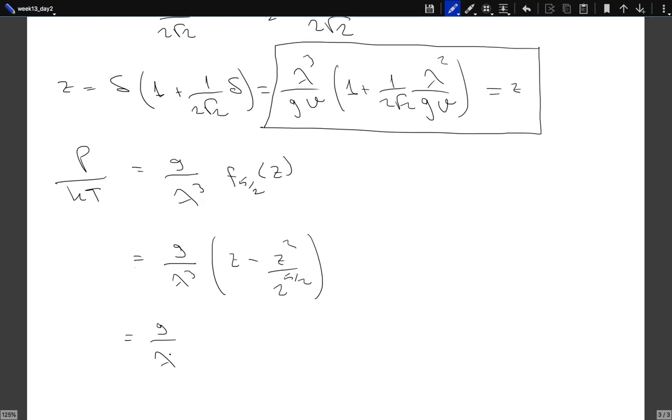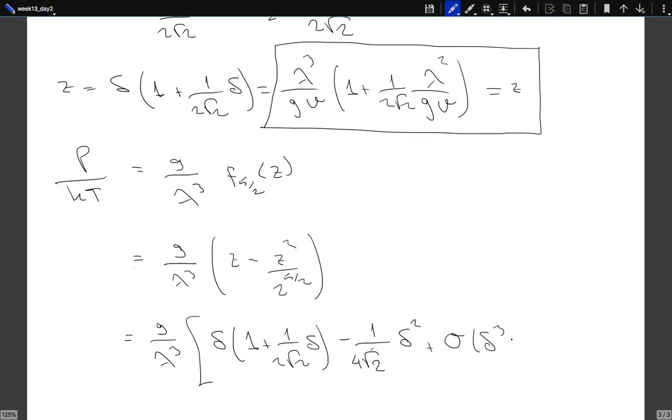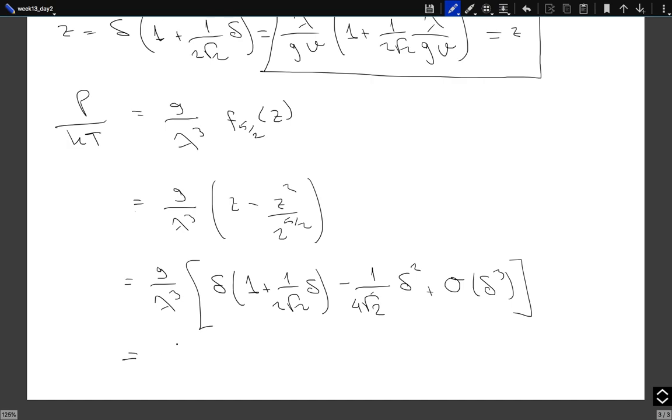Well, z is delta times 1 plus 1 over 2 square root of 2 delta, minus 1 over 2 to the power 5, let's say 4 square root of 2, times delta squared, plus corrections of the order of delta cubed.